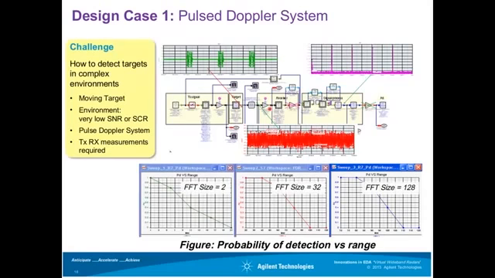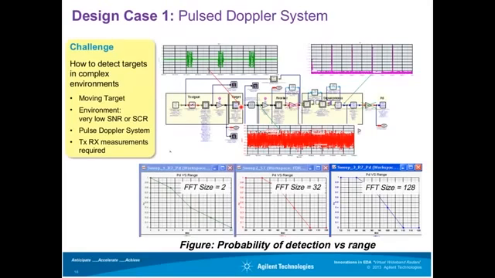We have a receiver here, we have a signal processing including pulse compression, MTI, MTD, and the constant false alarm rate control, and the probability of detection measurement. So when we run simulation, the result can be observed.